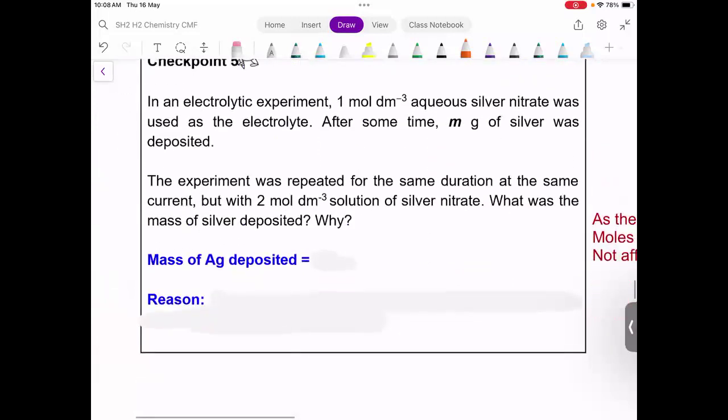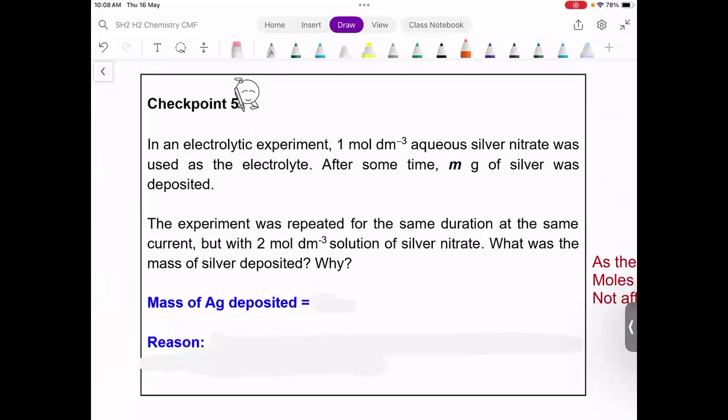So let's look at checkpoint 5. Sorry, not an E, but it should be one mole of.